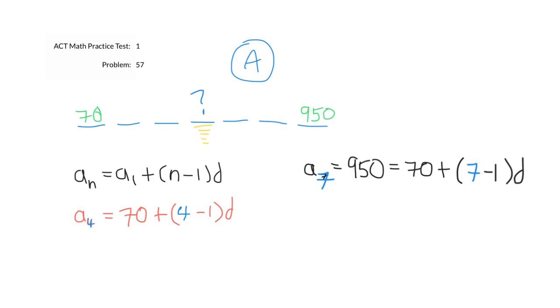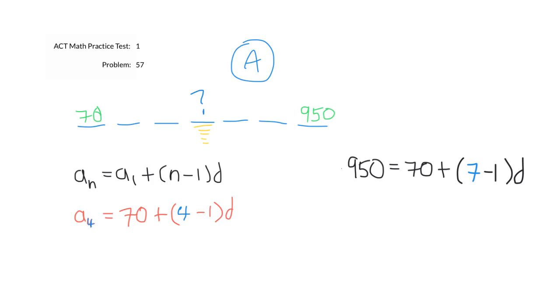So really a sub 7 equals 950, and that also equals 70 plus 7 minus 1 d. So what we could do is ignore this part and recognize that 950 equals 70 plus 7 minus 1 times d. And therefore, we can solve for d.